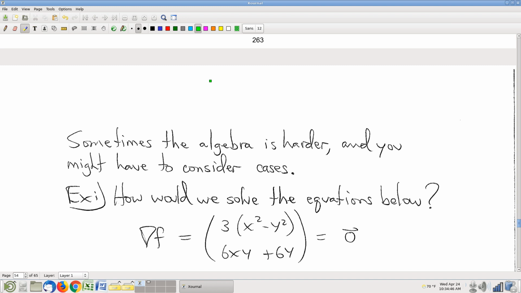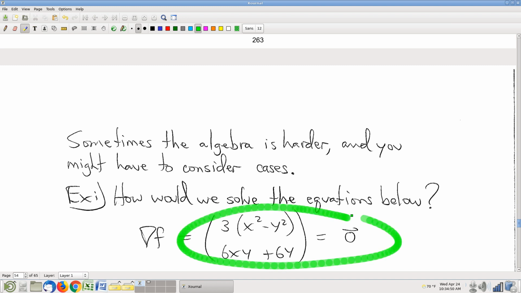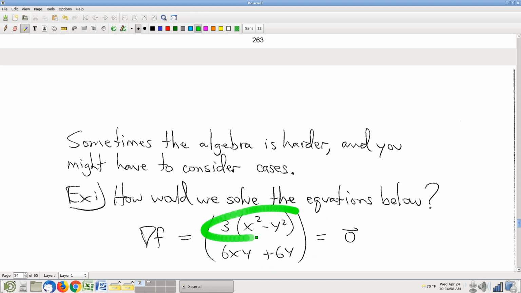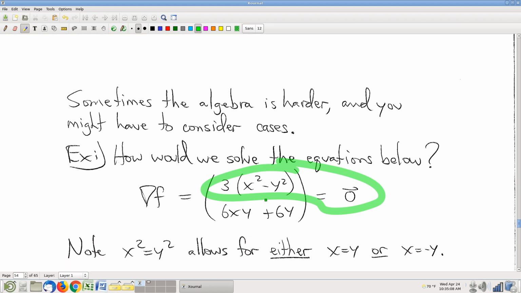So, for example, let's suppose you have some function f and you take the gradient and set it equal to 0, thus leaving you with, let's say, this. How would you solve this? Well, there's a temptation to say, okay, so x squared minus y squared is 0, and therefore x equals y. That is extremely tempting and wildly inaccurate.